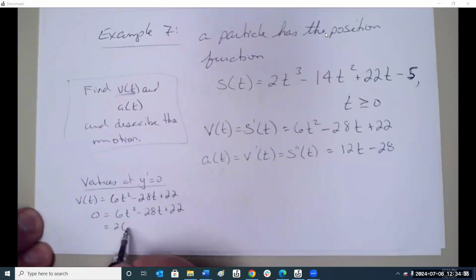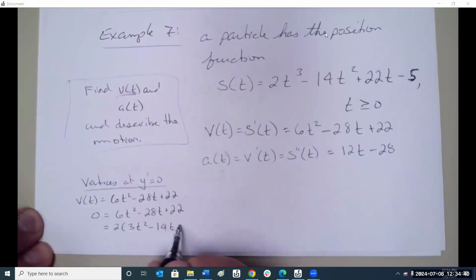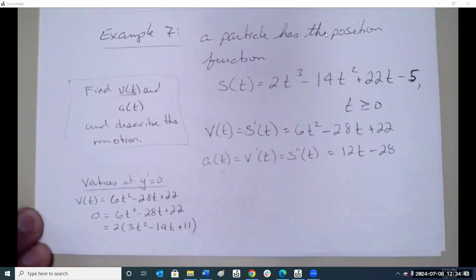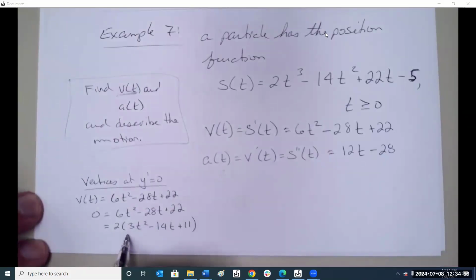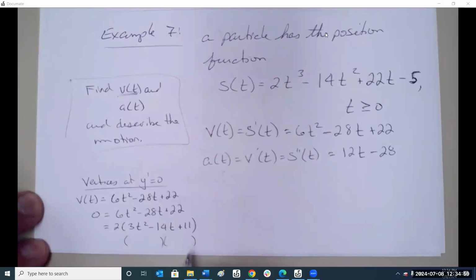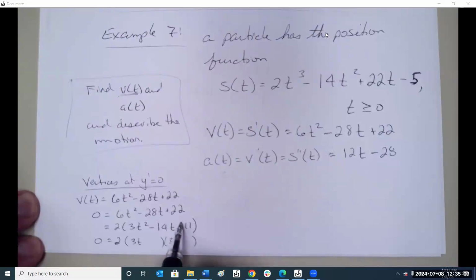We can factor out a 2. So we got 3t, 3t. Second sign's a plus, which means they're both the same sign.